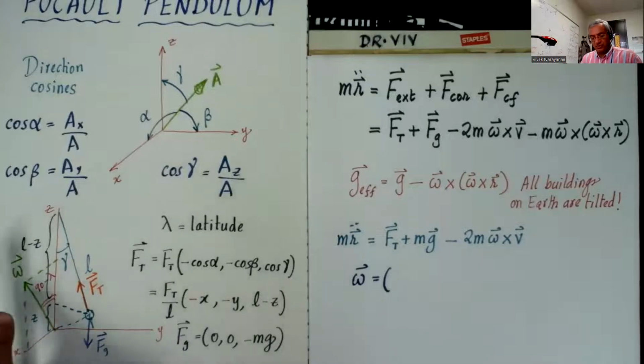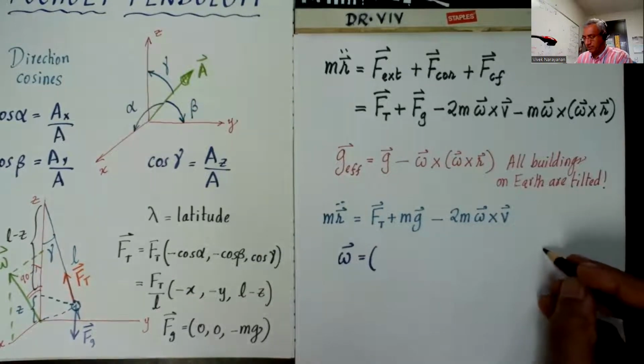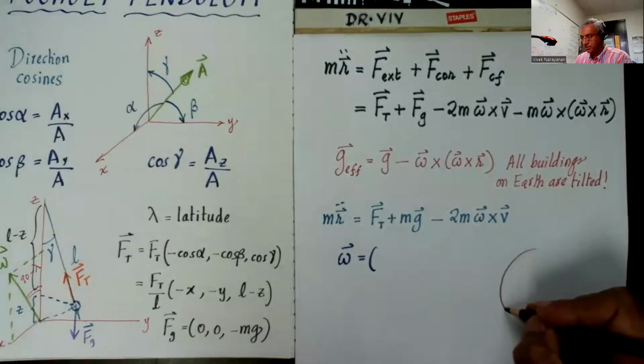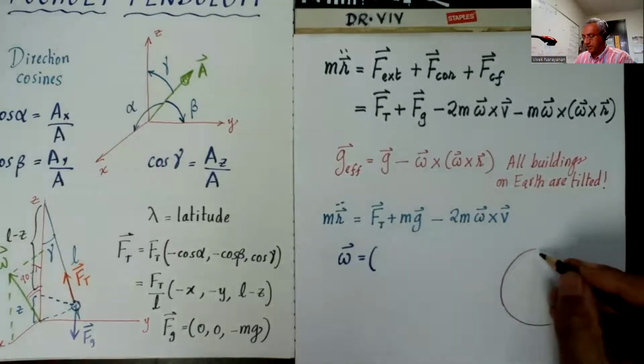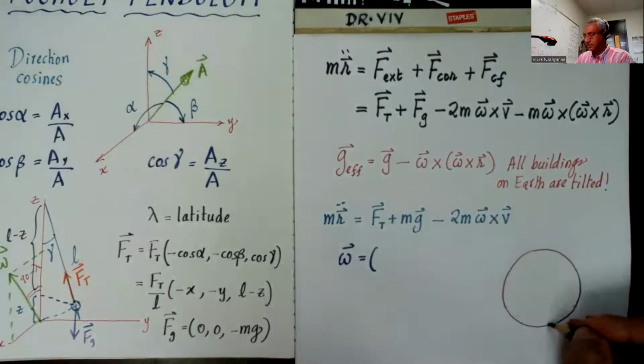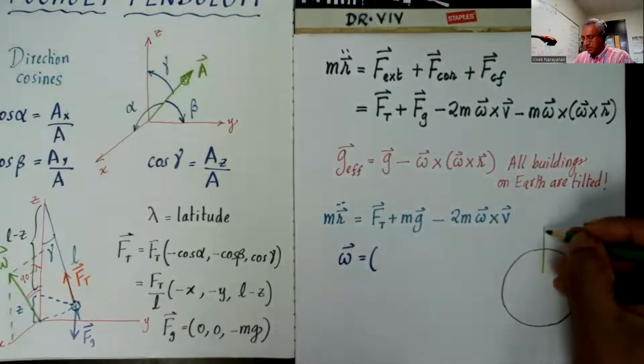Well, actually, just to be a little more careful, let me draw the Earth itself to get a better idea of how this omega should look, rather than look at my drawing here. My drawing may not be perfectly accurate. So I'm going to look at the Earth itself to get an idea of what the components of omega should be.